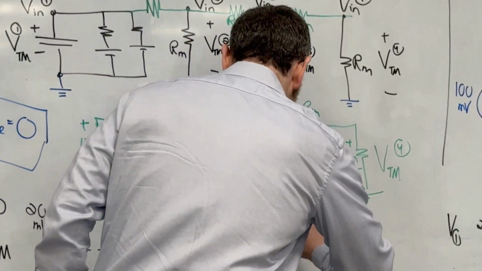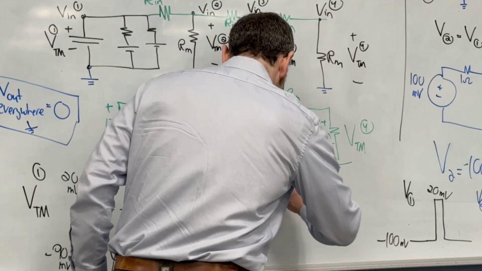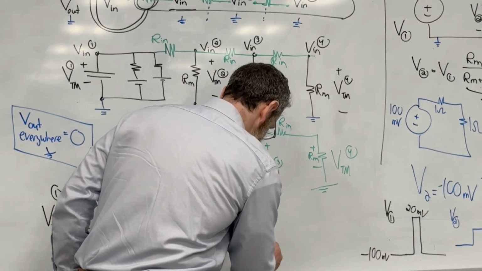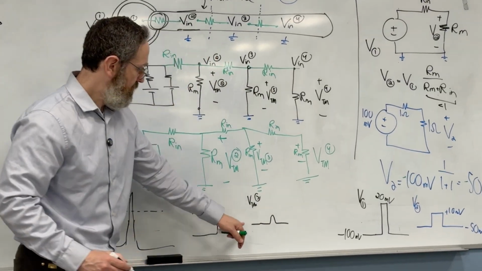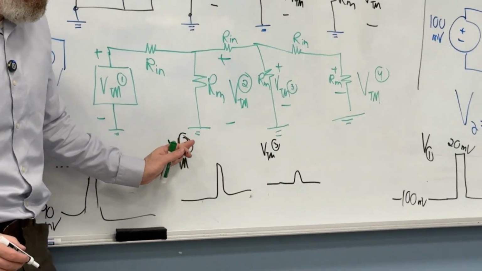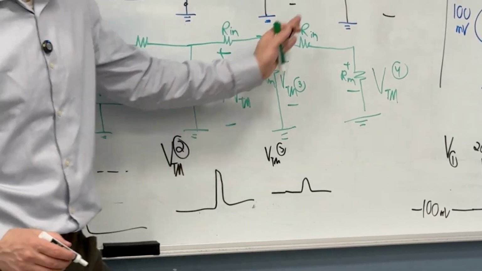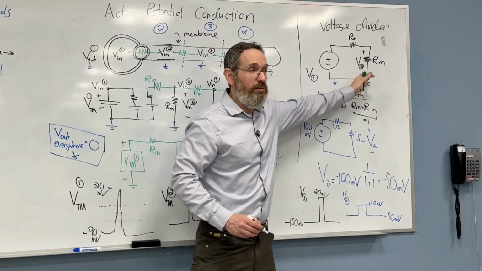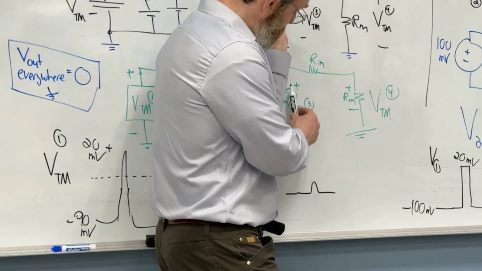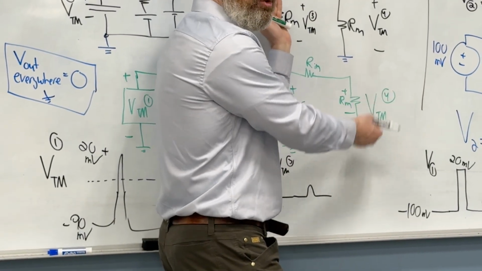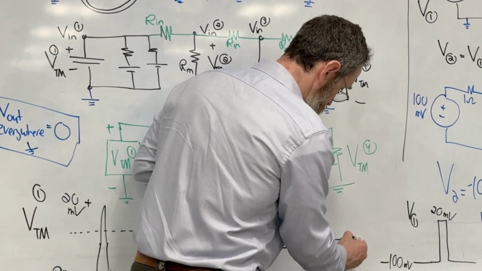Well, it would have to be less, right? Because VTM2 is now the input to the voltage divider. VTM3 is the output, so it has to be less. And now VTM3 is the input to the voltage divider, VTM4 is the output, so it would get even less.